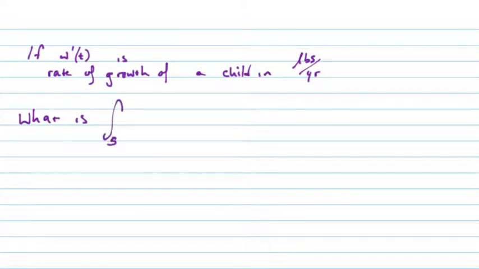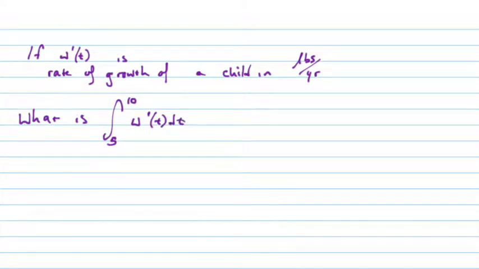If w prime of t represents the rate of growth of a child in pounds per year, then what does the integral from 5 to 10 of that w prime of t dt represent?